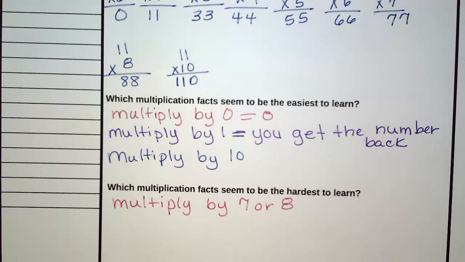So, multiply by 7 or 8, you might have more that you would add there. You might have multiply by 3 or 4. Whatever seems difficult to you, write down.